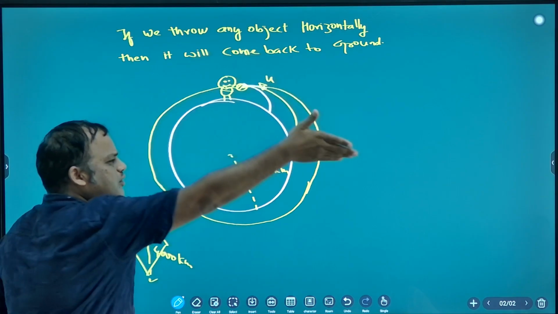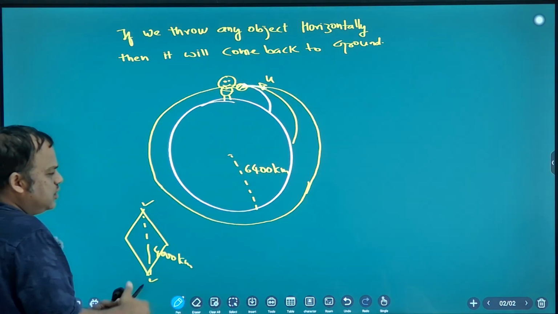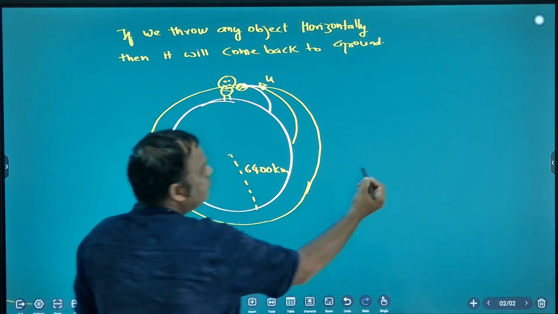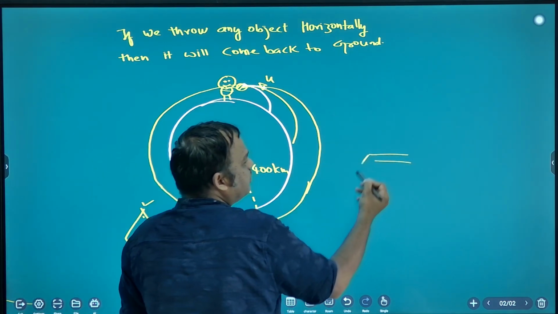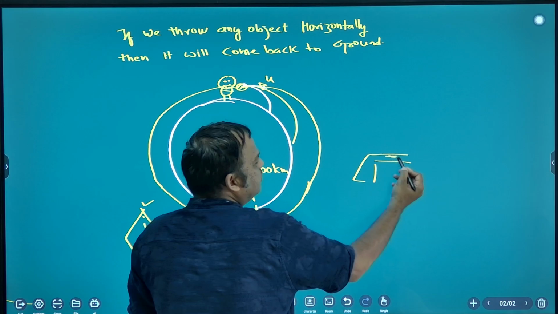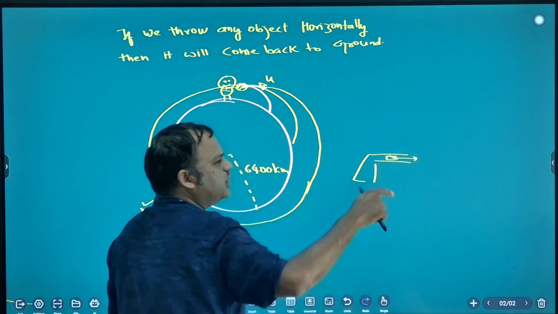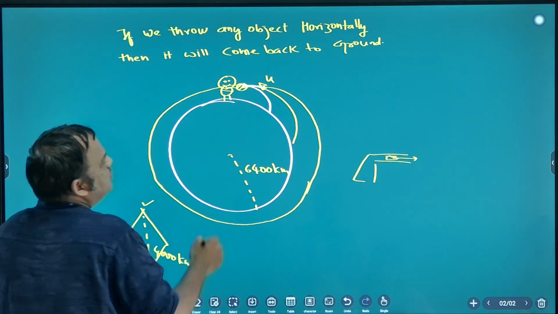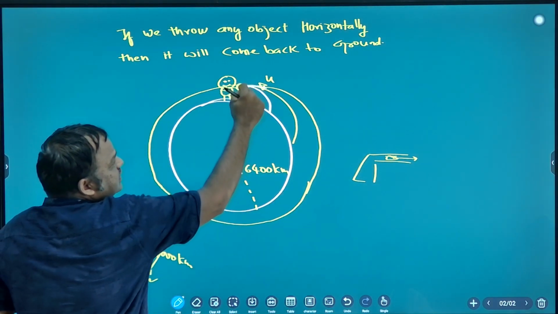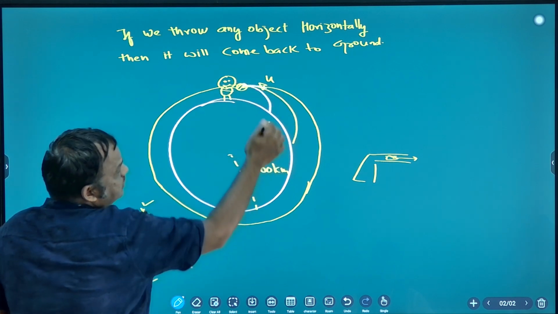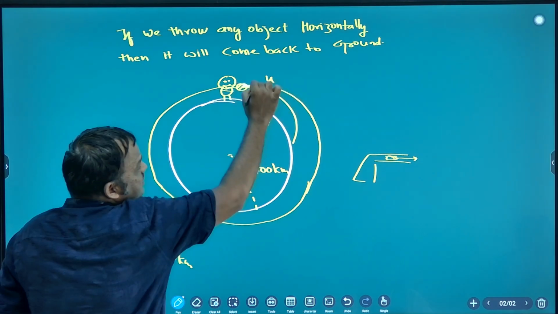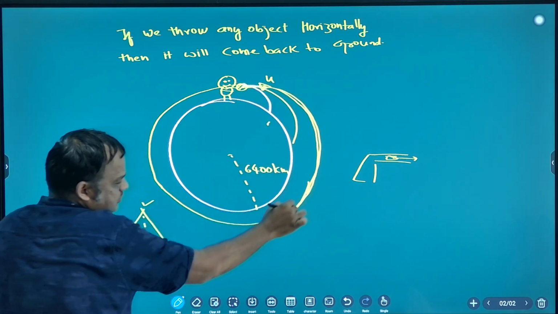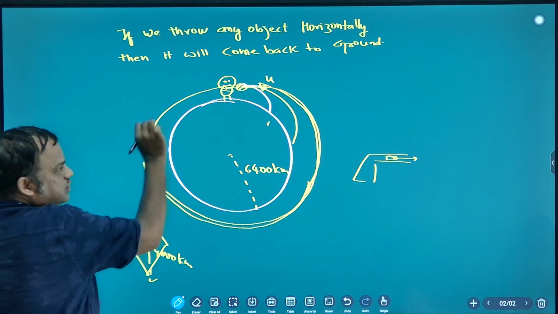If you use a very powerful gun, the bullet will cover even more distance. The thing is, it will fall back to earth, but the speed is such that it will never fall on earth.